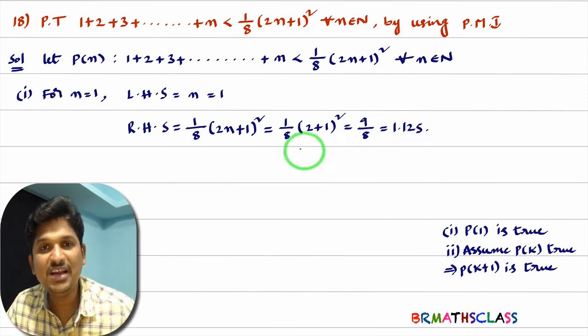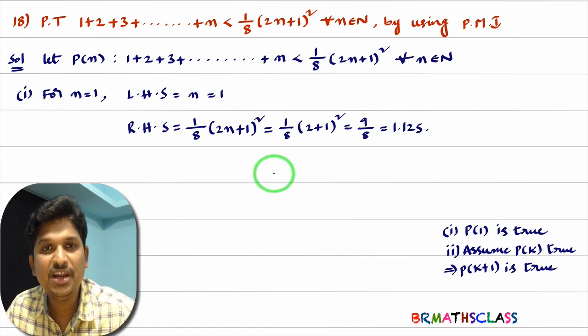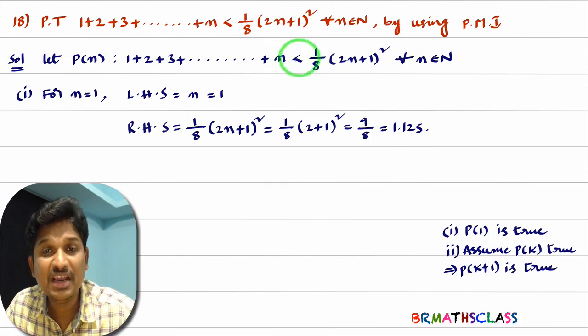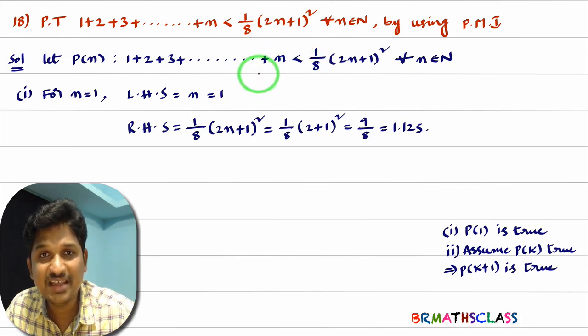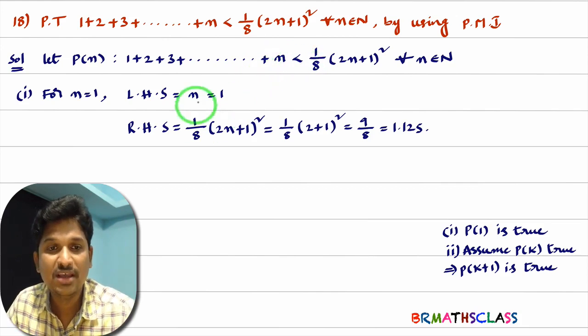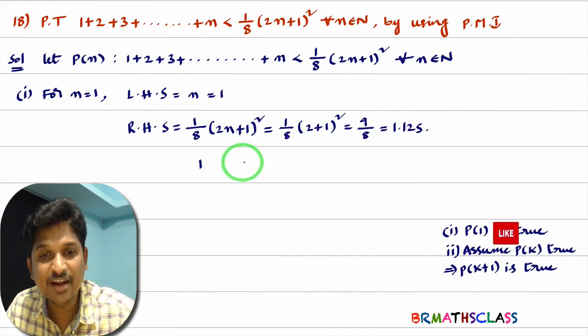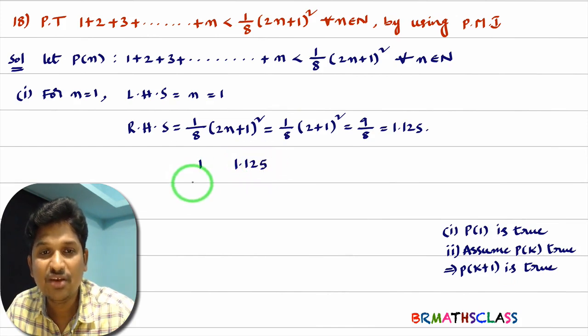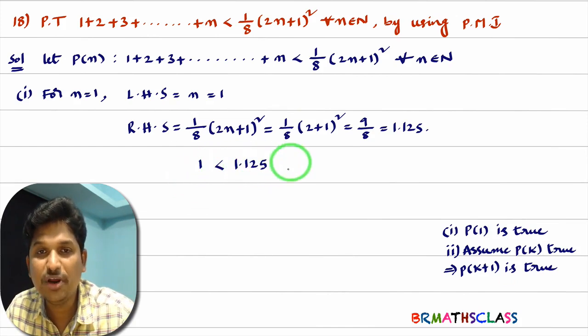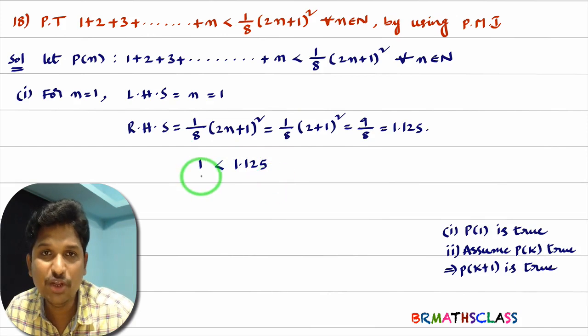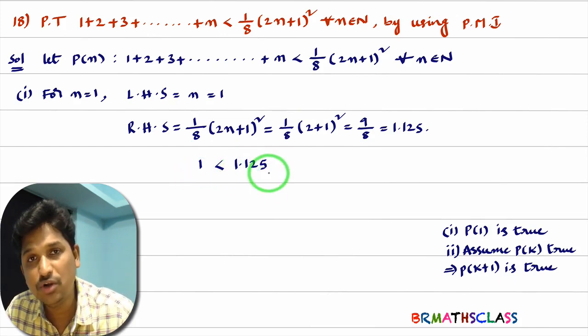Generally, in the problems we did till now, we checked whether LHS equals RHS or not. But here, you see the less than symbol is there. So we will check whether LHS is less than RHS or not. Here, the left hand side part I got is 1, and the right hand side part I got is 1.125. Is 1 less than 1.125?